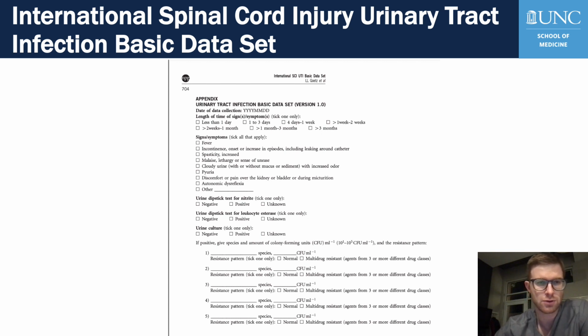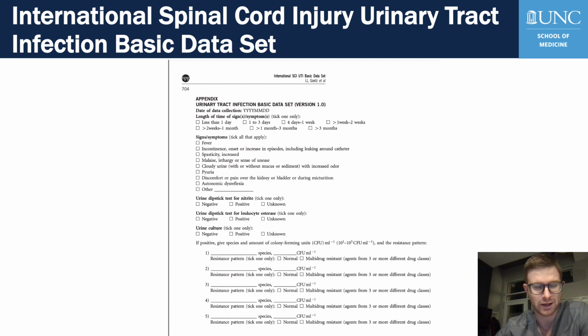Some of those symptoms include a fever, incontinence, or the onset or increase in incontinence episodes, including leaking around the catheter, as well as increased spasticity, malaise, lethargy or sense of unease, cloudy urine, or increased odor of the urine. That urine may have mucus or sediment, or it may not.